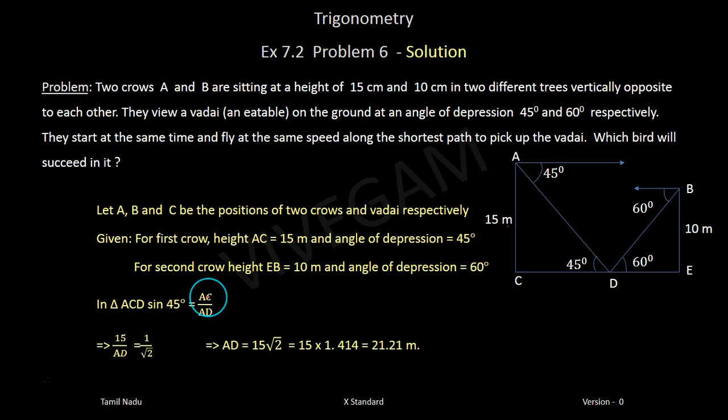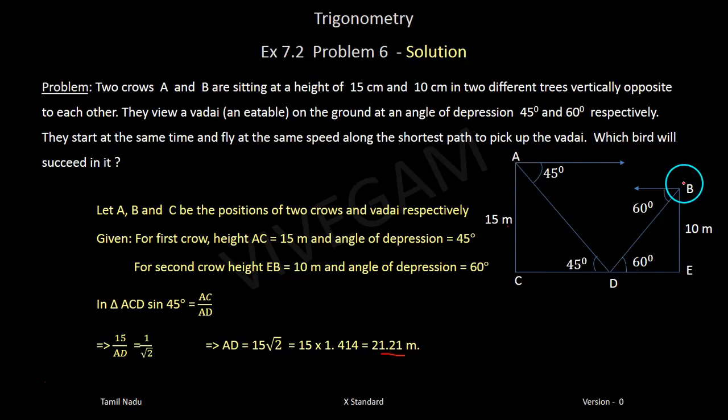So sine 45 equal to AC, which is 15, divided by AD. So 15 by AD equal to sine 45, which is 1 by root 2, so AD will be equal to 15 into root 2. Root 2 is 1.414. So 15 into 1.414 is 21.21. So this distance is 21.21.